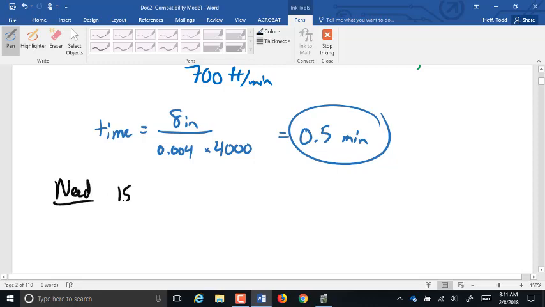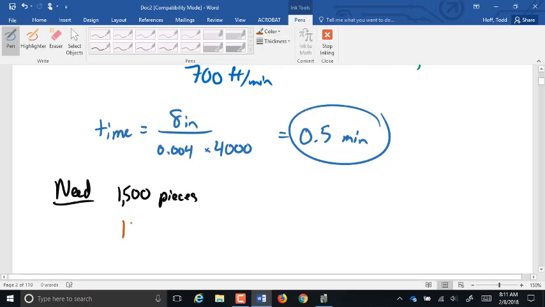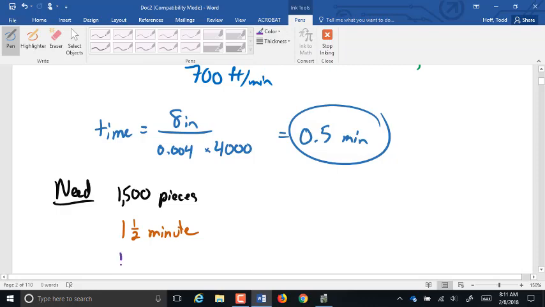If we need 1,500 pieces, and let's say there is a 1.5 minute setup in between each piece, and 18-minute total setup. That means getting the whole thing set to run to begin with for the whole thing.